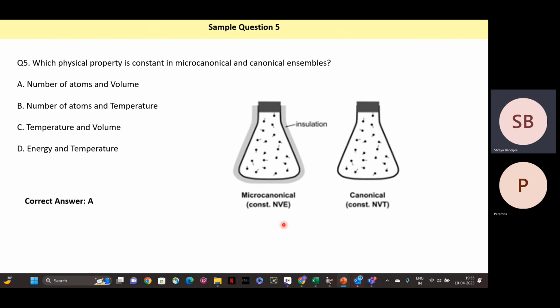And so energy is not constant, but temperature is always constant, because it can interchange that energy with the surroundings till the constant temperature is reached. So if it is asked which physical property is constant in both, then it is N and V, which is the number of atoms and volume. So the correct answer is A.